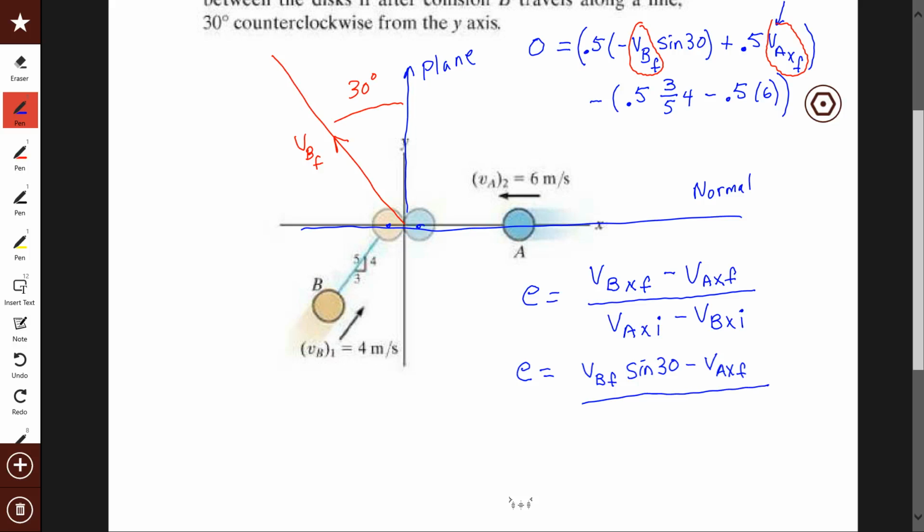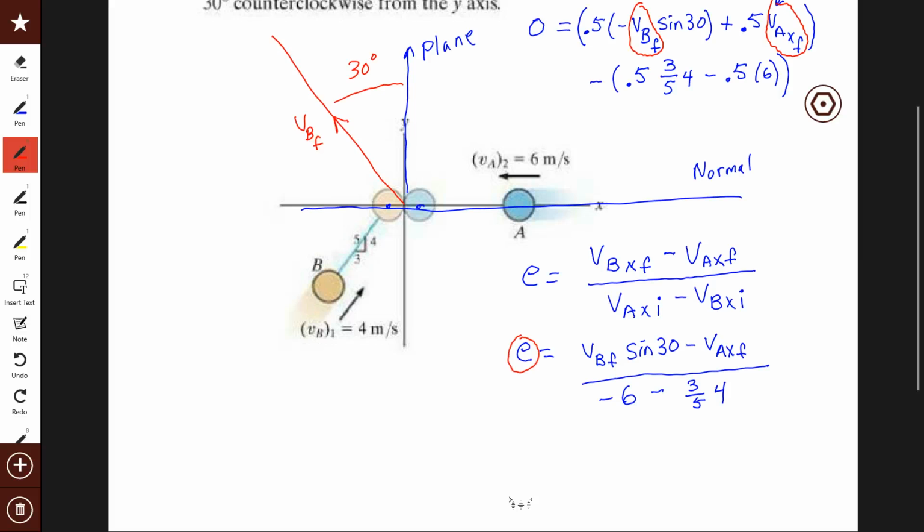The velocity of AX initially is -6, minus the velocity of B in the x direction initially, which is 3/5 times 4. Now VBF has been counted, VAXF has been counted. The only other thing that's unknown is the coefficient. So that's 3 unknowns and 2 equations.